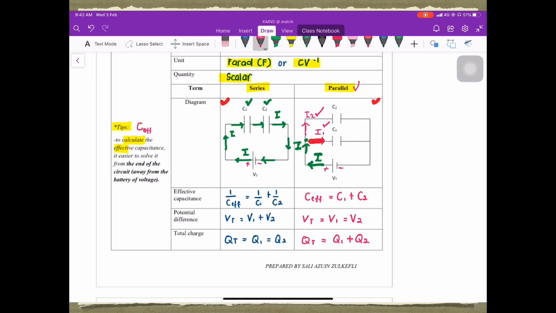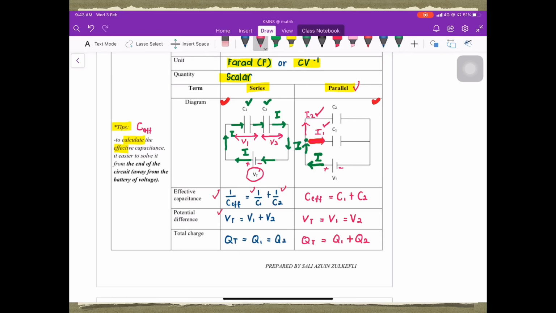For the series effective capacitor, the formula is 1 over CF equal to 1 over C1 plus 1 over C2. The voltage here is the total voltage: V1 plus V2, so we will get V total.